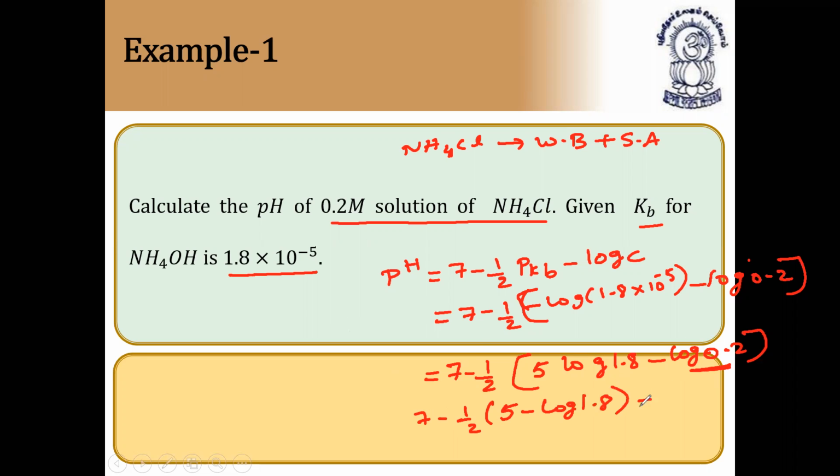So it is equal to 5 minus log 1.8 value, which is 0.25, so 0.26 you can write. I'll just do the calculation part. So 7 minus half into 5 minus log 1.8, where log 1.8 is equal to 0.255.